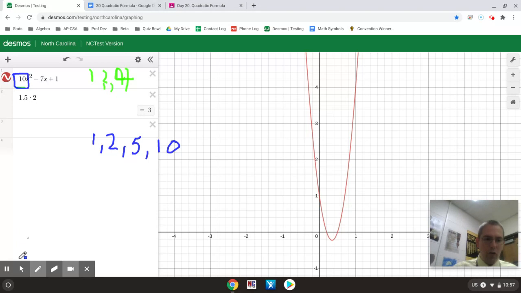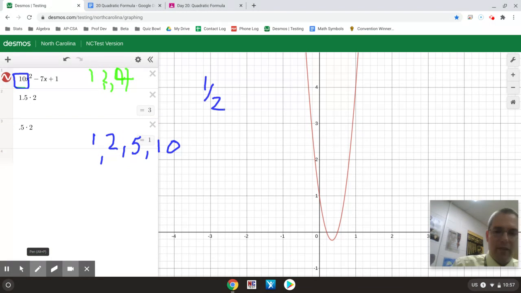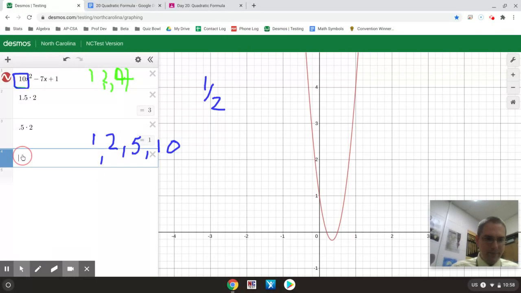So one of my decimals was a 0.5. You might be able to see, hey, 0.5 times 2 would give me a 1, so that means one of my answers is going to be 1/2. So one answer is 1/2 because that's the same thing as my 0.5. My other answer was 0.2, so I can go ahead and take my 0.2 and try multiplying it by 2.